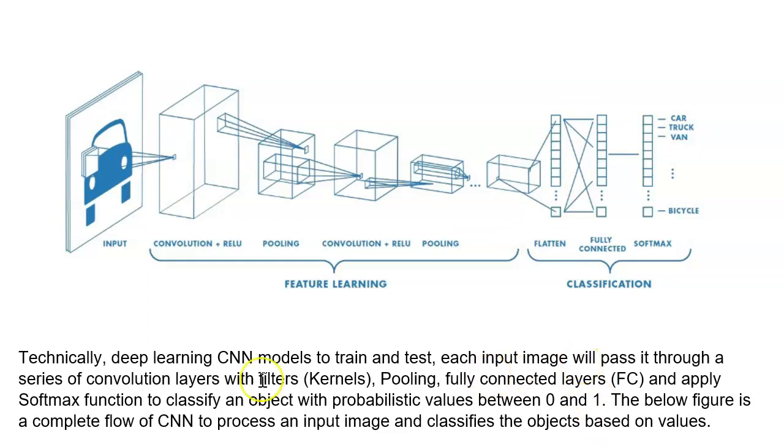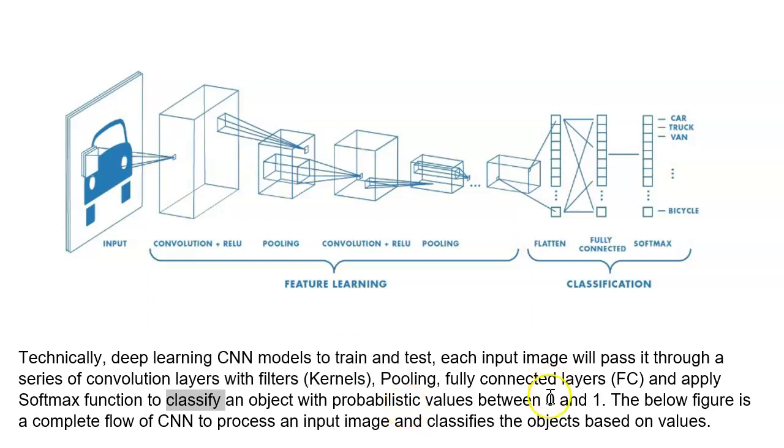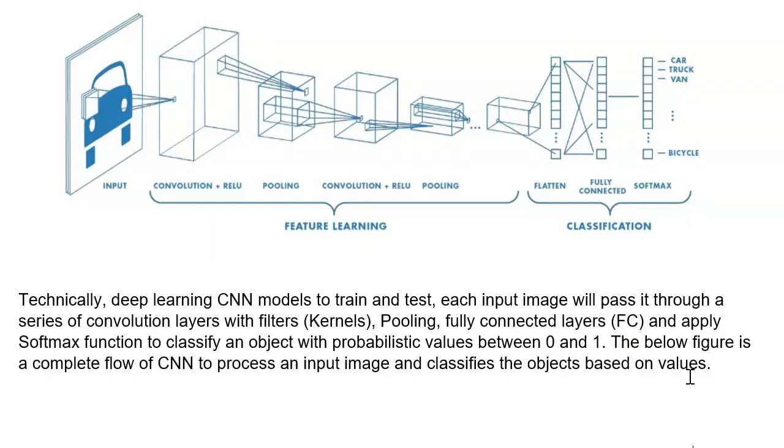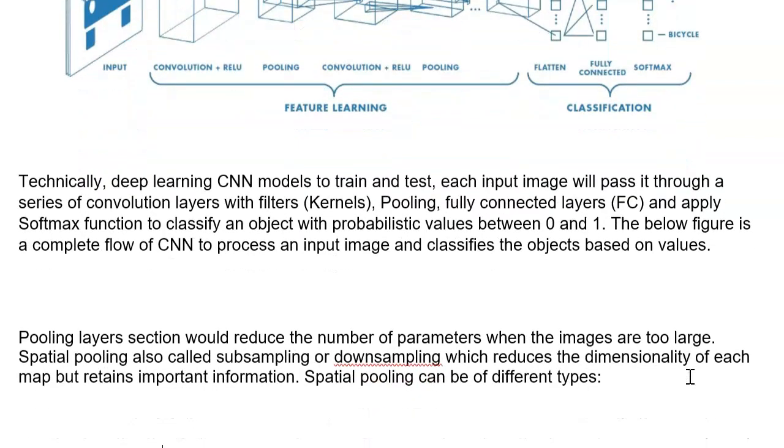The input image will pass through a series of convolution and pooling layers and end up in a softmax function to classify the object as 0 or 1. So this is what I was telling, the values of 0 and 1 over here. This is the figure of the image classification.